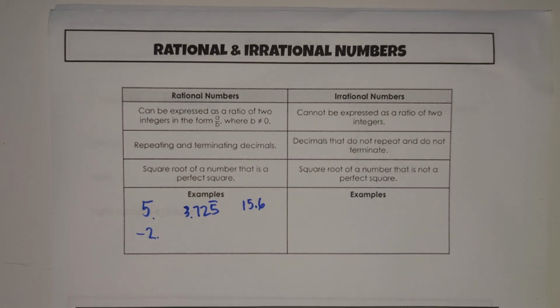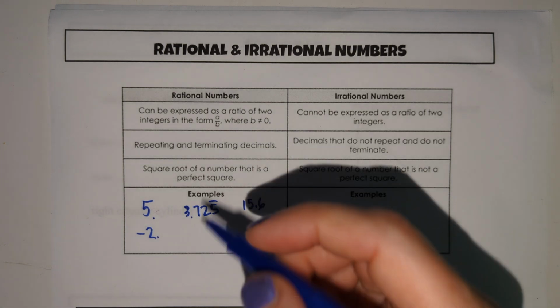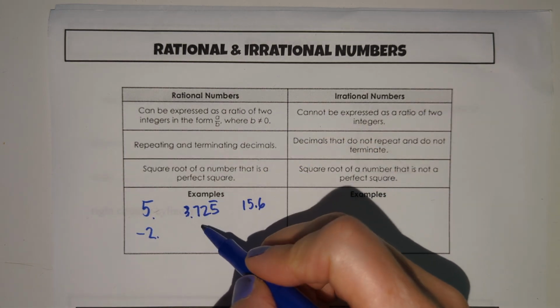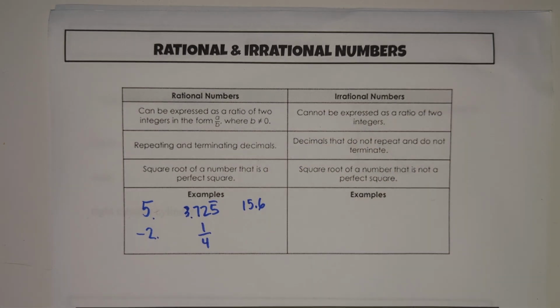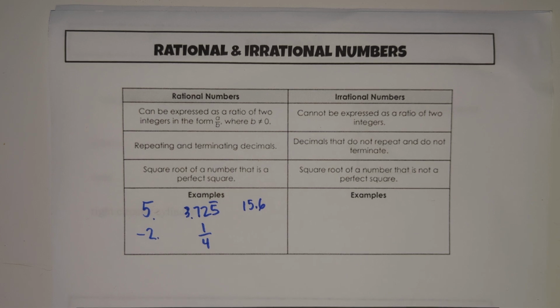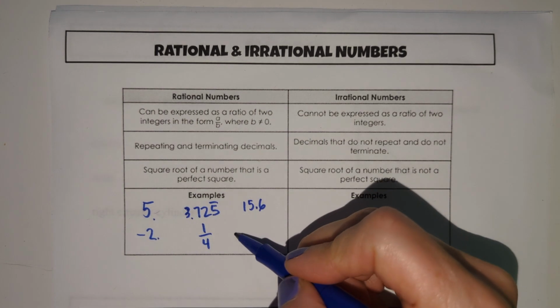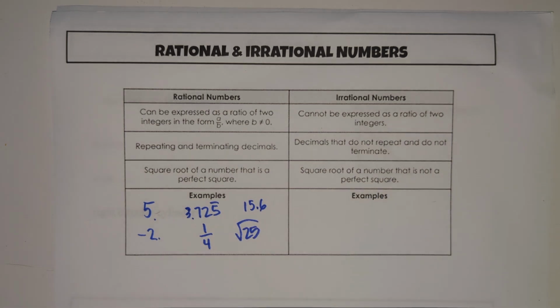Since that ends, it's terminating. That is also rational. Anything that can be written as a fraction. So if I have 1/4, that's a fraction. That is also rational. And a perfect square. So I might say square root of 25, which is just 5. So that's rational also. So examples of rational numbers.